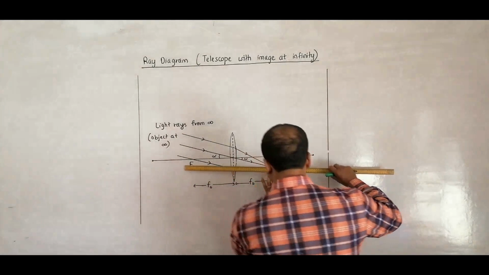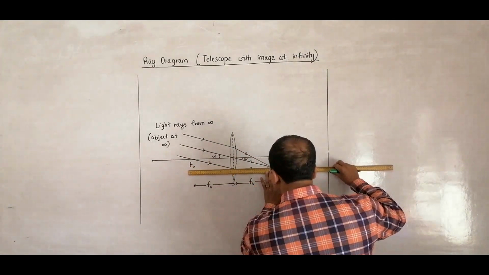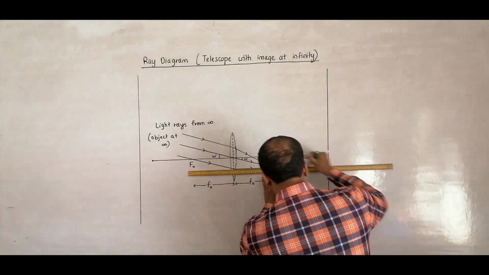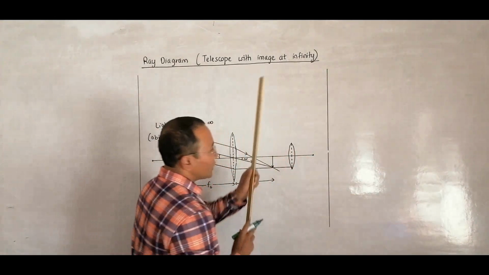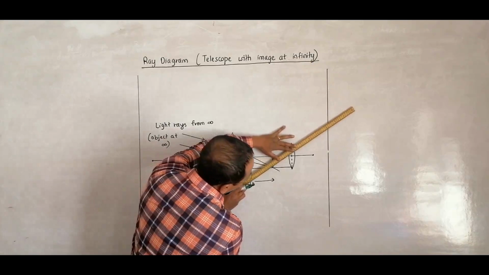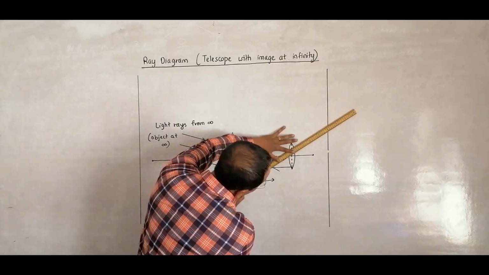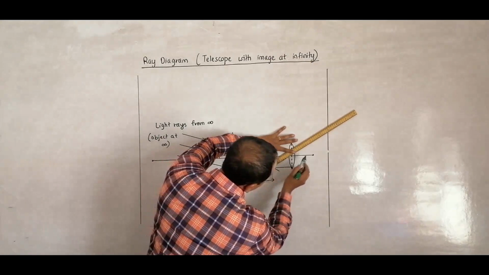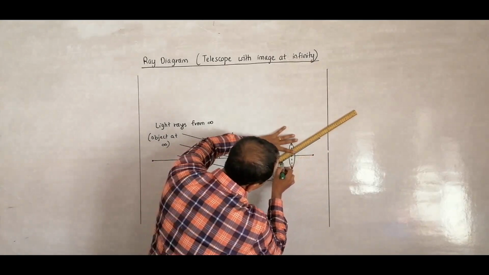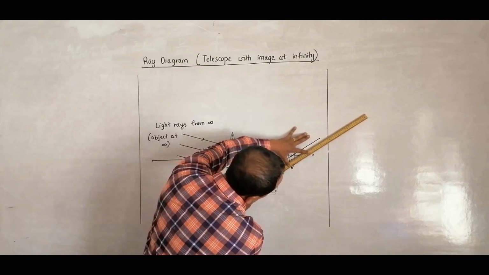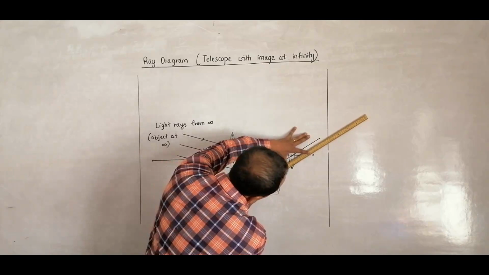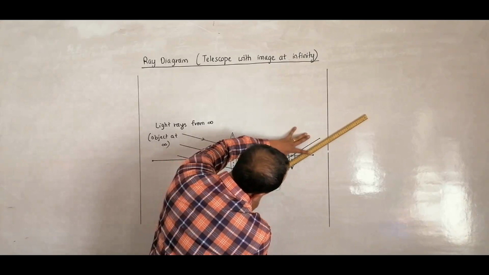Now let us join this line. This is the light ray coming from this first image. Now from here, one of the light rays goes straight like this, and another goes through the focus. So this thing will go almost through this edge. So we have to draw parallel here.